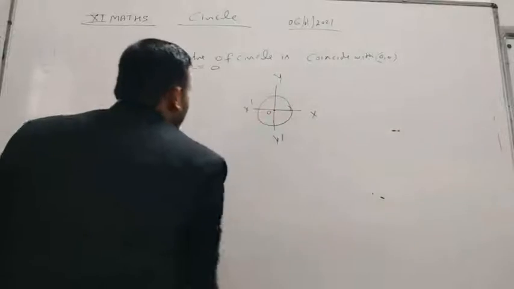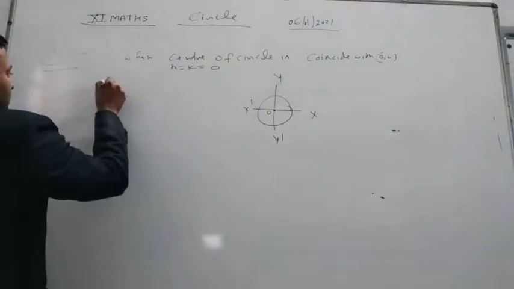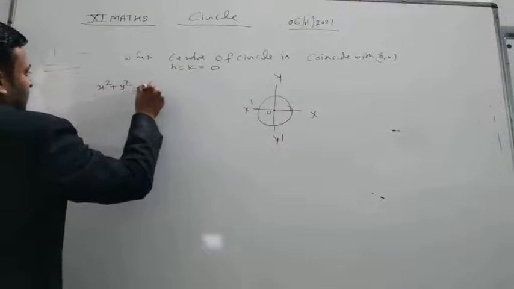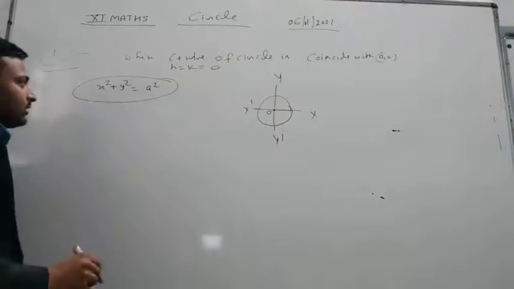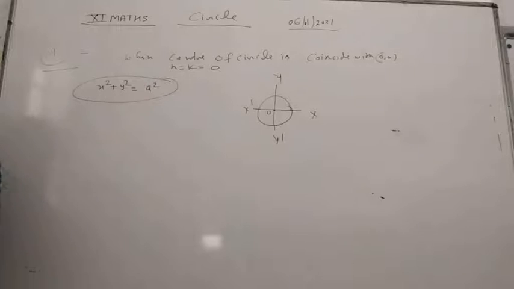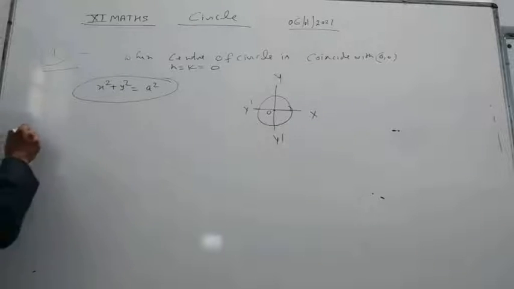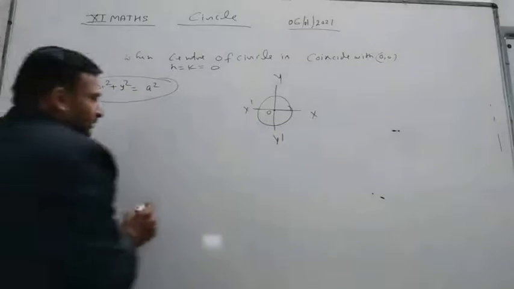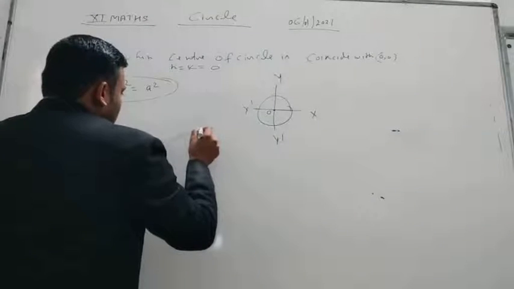So in such a case, our equation of circle will be x square plus y square is equal to a square, because h and k are 0. Now, students, the second case is when the circle passes through the origin.